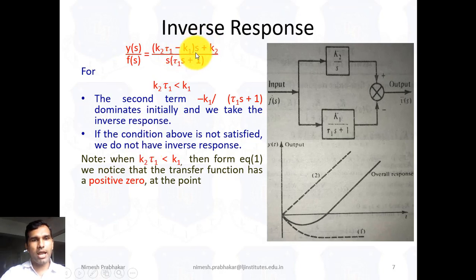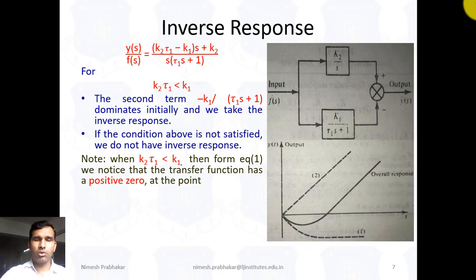We know the zeros and poles. So for this system to have the inverse response, the zero has a positive value. That means if the zero has a positive value, then this system has the inverse response. If the zero has a negative value, this condition is not satisfied, so the system does not have an inverse response.